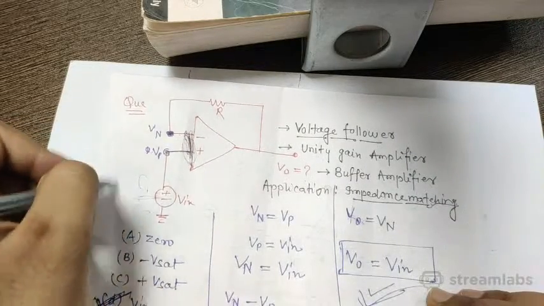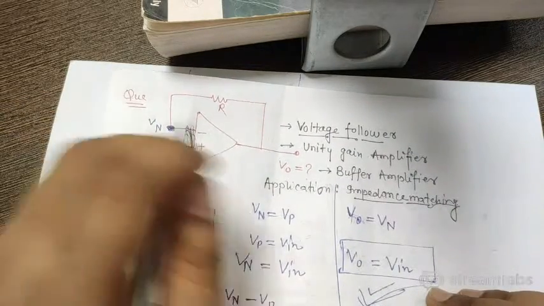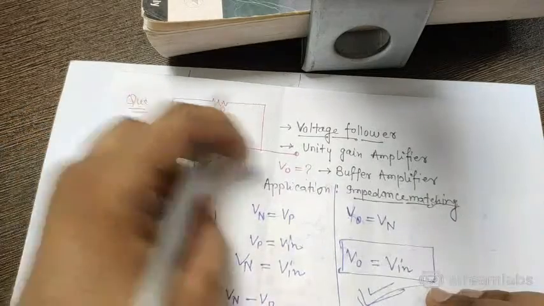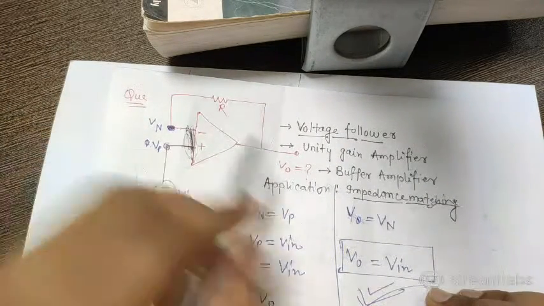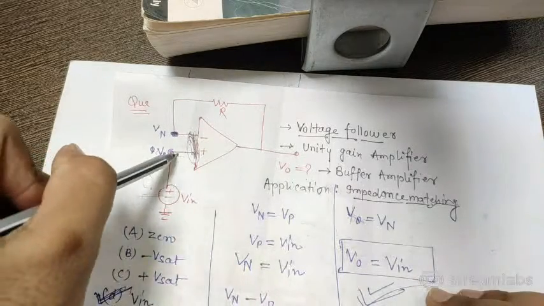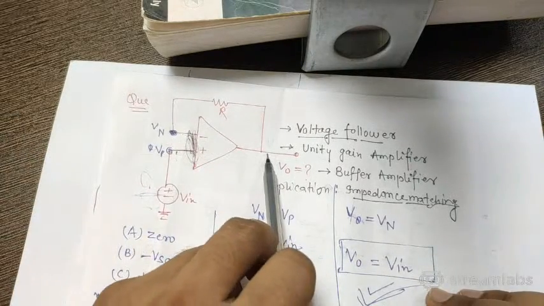You can apply 2 volt, you can apply 5 volt, and whatever the internal resistance of the input is, it doesn't change the output voltage. The first advantage is that this provides high input impedance and low output impedance.